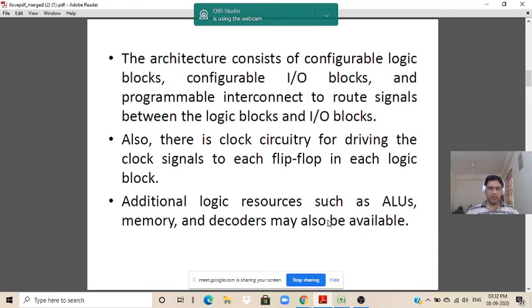Additional logic resources such as arithmetic logic units, memory, and decoders may also be available. These devices are integrated with the FPGAs to increase their functionality and to provide more features, as well as with CPLDs.